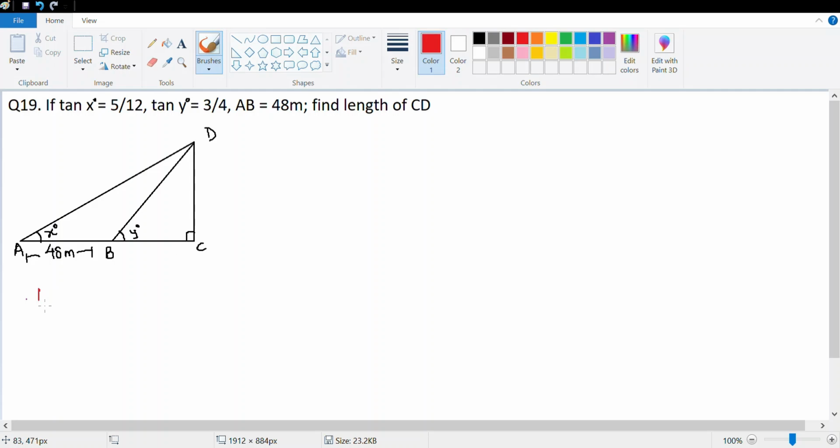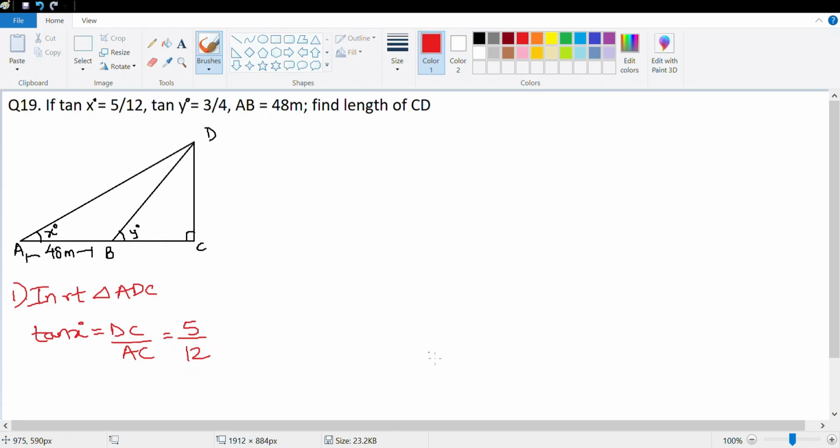In right triangle ADC, point number 1, what I have is tan x degree is equal to DC upon AC, which is given equal to 5 upon 12. Yes, so does this mean DC is equal to 5? No, this is a ratio. There is a common factor.